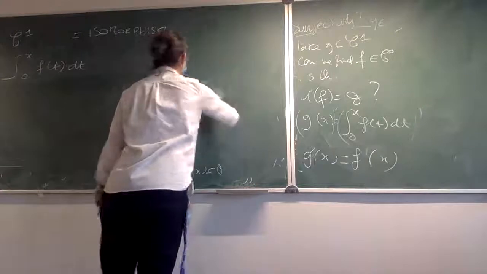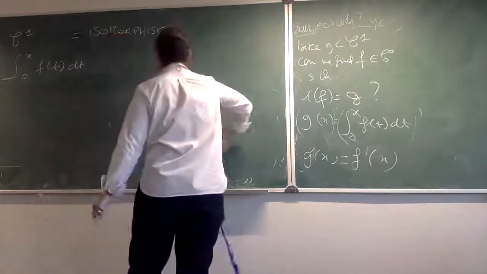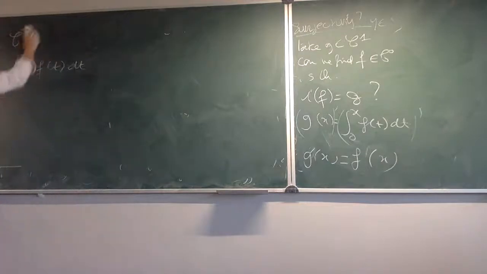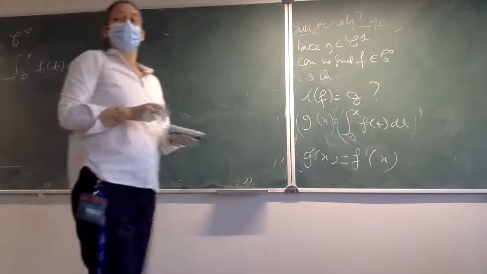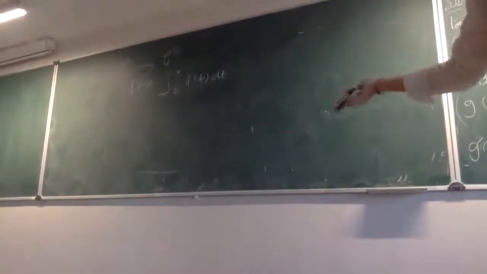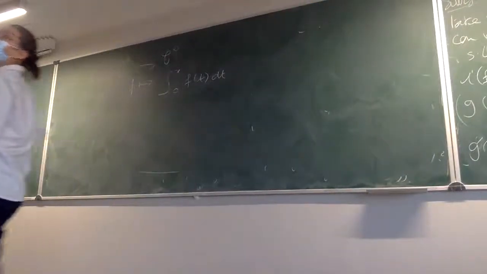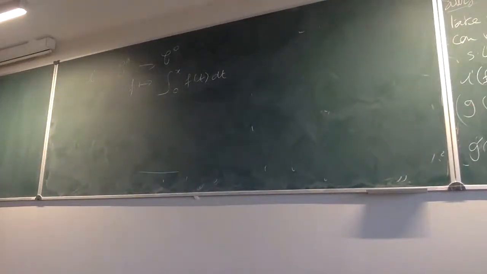Now, what does it change if, instead of taking the codomain C1, I tell you that the codomain is actually C0? Exactly, it doesn't change the kernel, because the kernel is acting on the domain, but it may change the surjectivity property, more exactly.